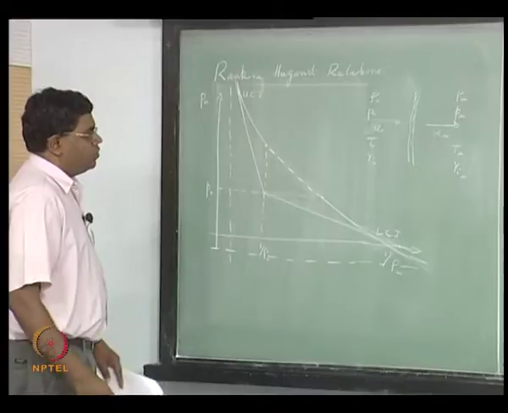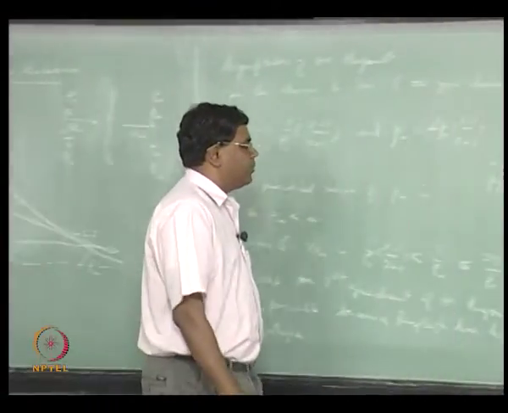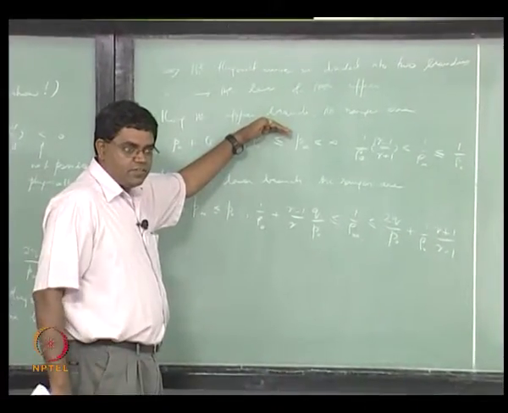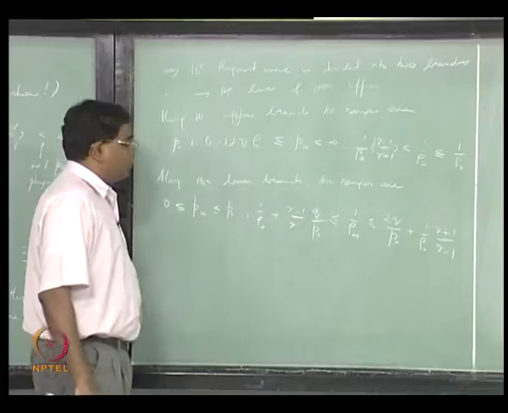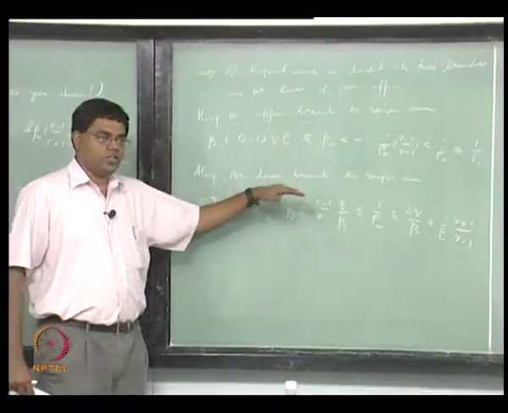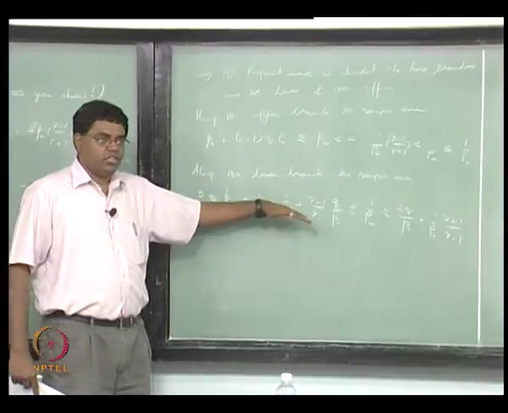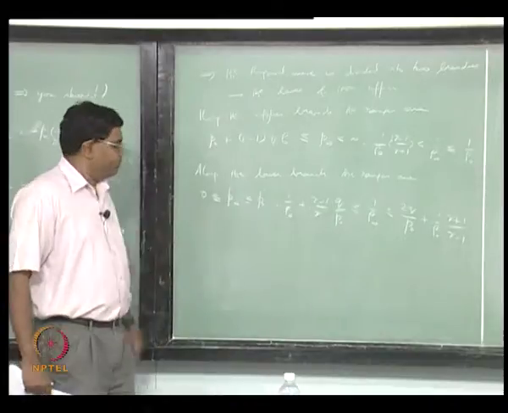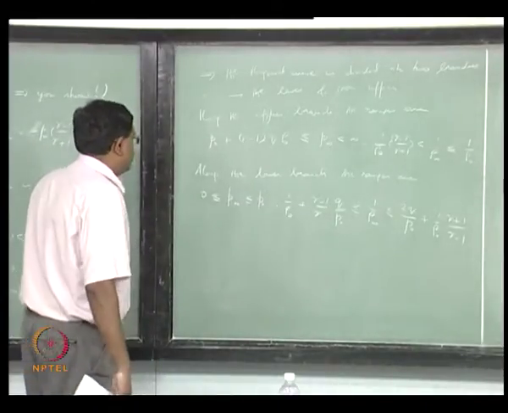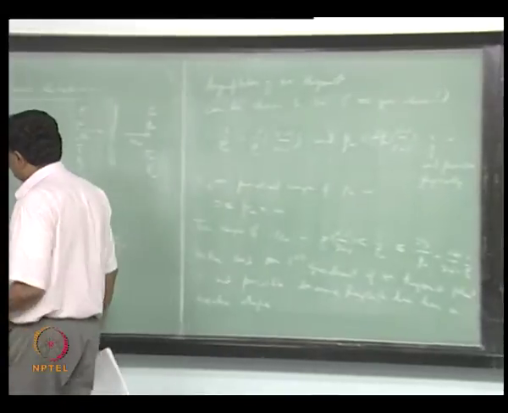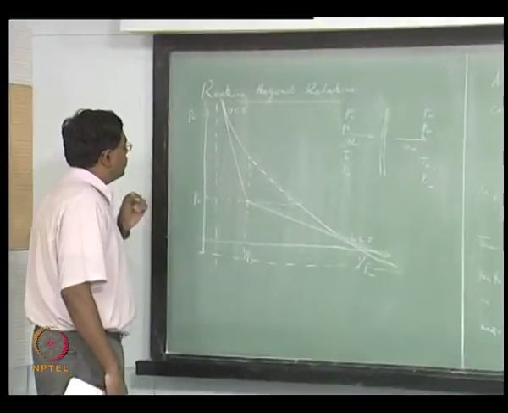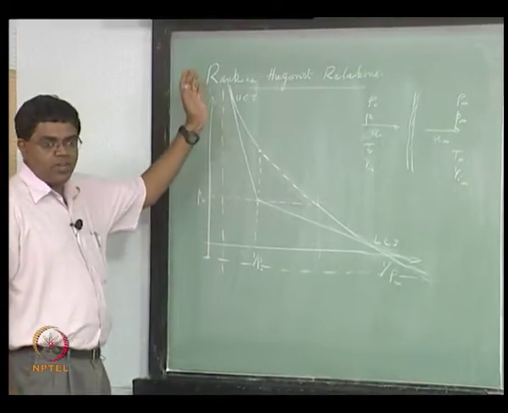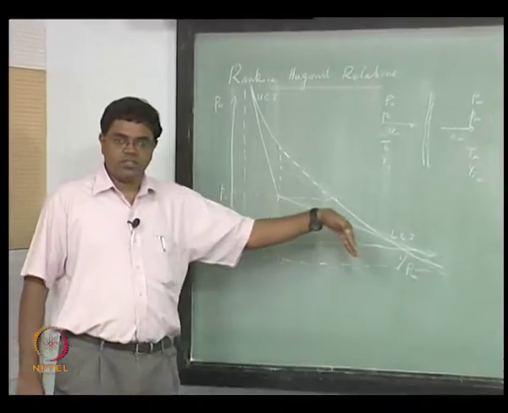Now as we noticed, we can clearly see from here that the upper branch corresponds to a compression wave that decelerates the flow, and therefore we call it a detonation wave. The lower branch is an expansion wave which accelerates the flow, and so we call it a deflagration wave. The next thing that we wanted to point out was the speed at which the detonation waves travel and the speed at which the deflagration waves travel.